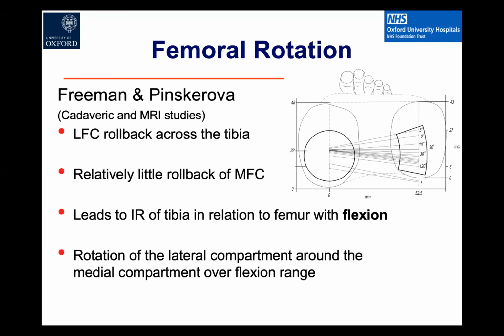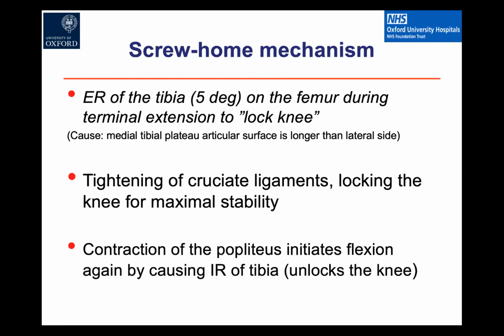And this leads to essentially internal rotation of the tibia in relation to the femur as you flex your knee. And so the rotation of the lateral condyle is around the medial compartment during flexion. So I call this the medial compartment is king. Everything else revolves around it during knee movements.